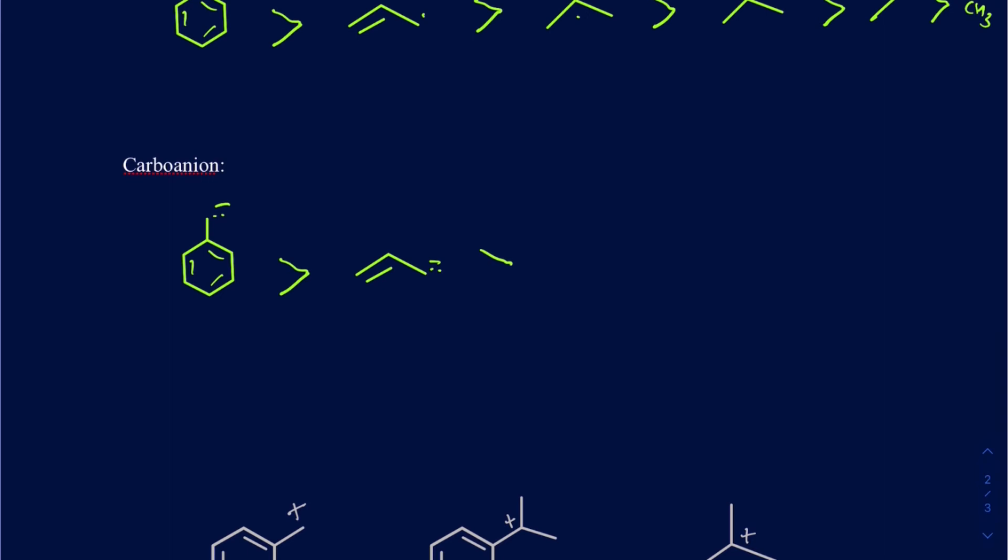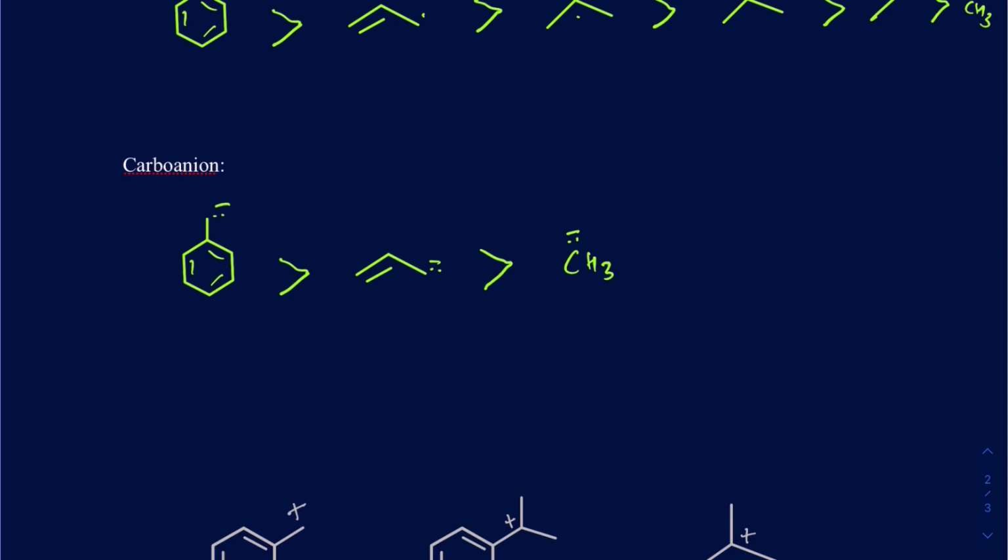And then after that, who's going to be more stable? Well, it turns out it's going to be your CH3 carbanion, or methyl carbanion. That's because you don't really want to have any extra electron donating groups right next to a negative charge. The more electron donating groups you have right next to a negative charge, the worse it's going to be. It's not going to be that stable in that case.